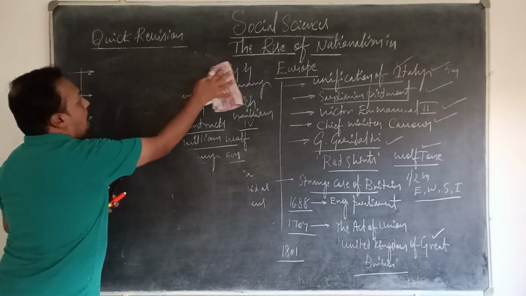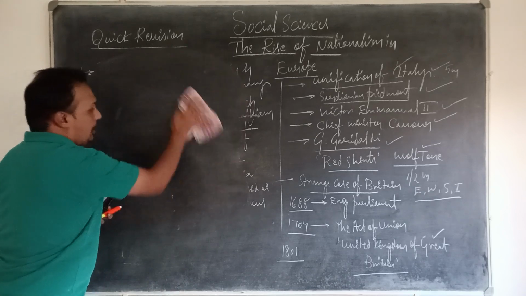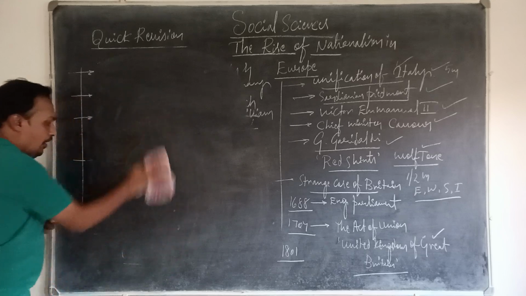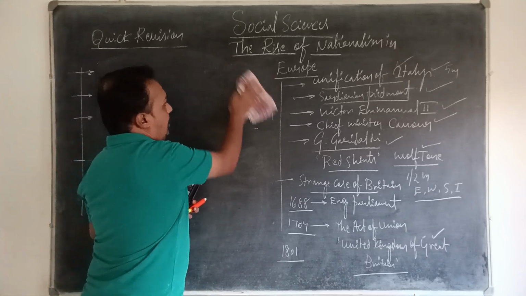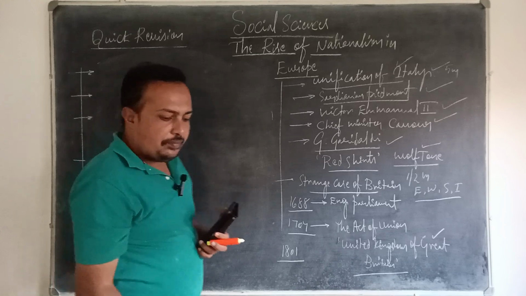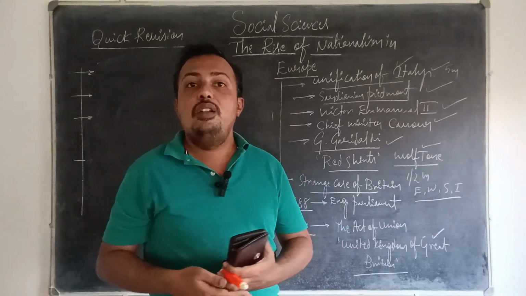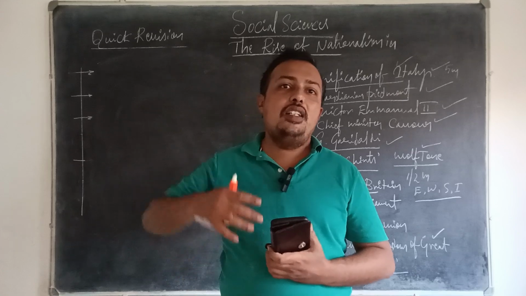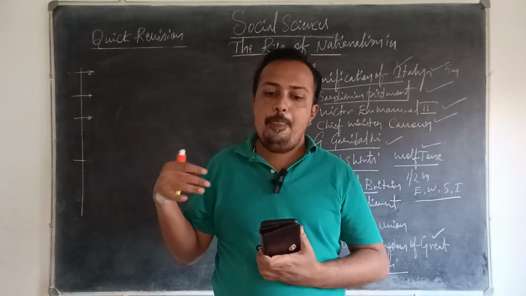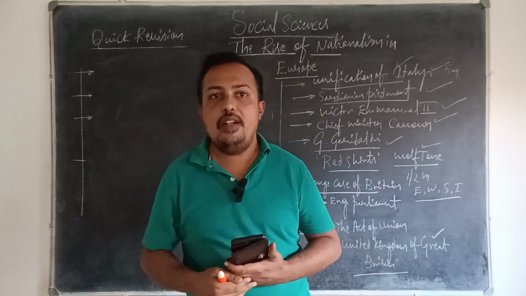Germania is the representation of Germany as a female allegory. Marianne represents France. You can see those two images. Regarding the pictures, multiple choice questions are expected.